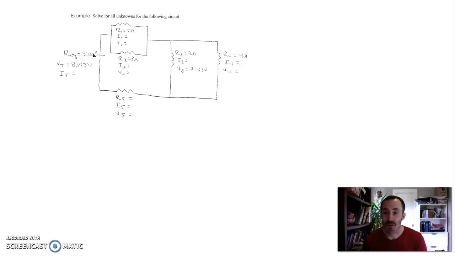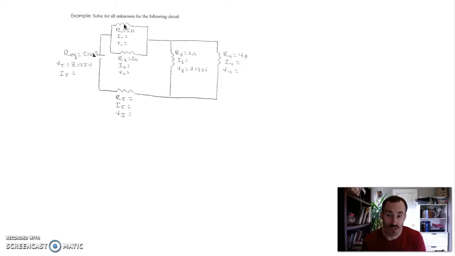So, first of all, we are told the equivalent resistance for the circuit is 5.122 ohms, in case you can't read that. The total voltage increase at the source is 8.195 volts, and the total current we aren't told, but because we have both of those pieces, we can use Ohm's law to figure out the total current.